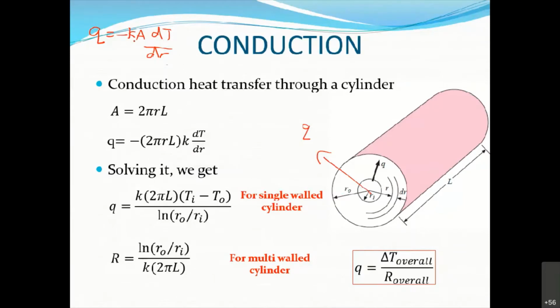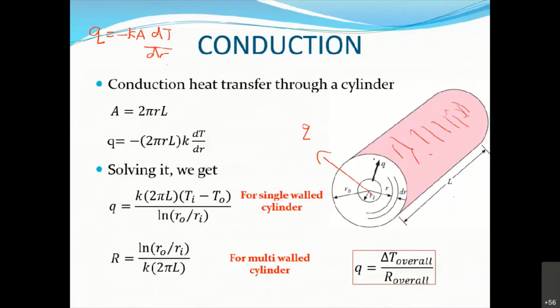And for a plate, we define A as height times width. But for a cylinder, this is how you define the value of A: 2 pi rL. So we are taking the area of this surface.